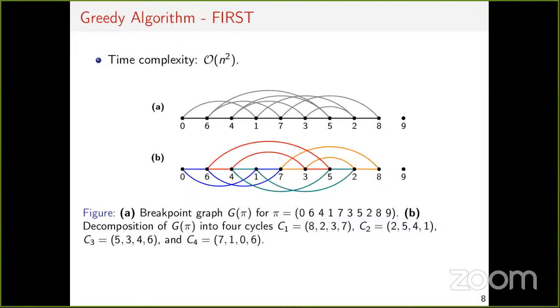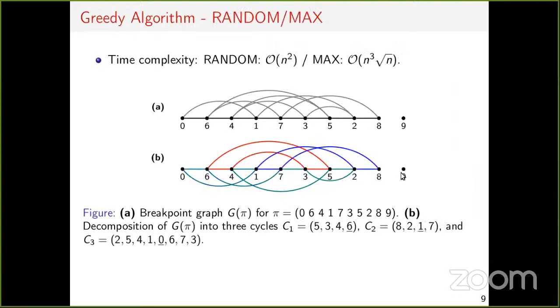Then after we find this minimum cycle that contains this vertex, we add the cycle to the solution and remove its edges from the graph. In this example, after finding a cycle that contains the vertex 0, we remove all these edges from the graph and repeat the procedure until there is no edge left in the graph. For this example, it will be able to find the optimal solution for this graph, which is a solution with 4 cycles.